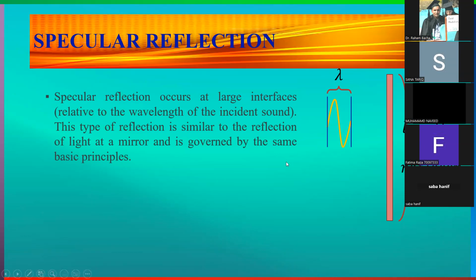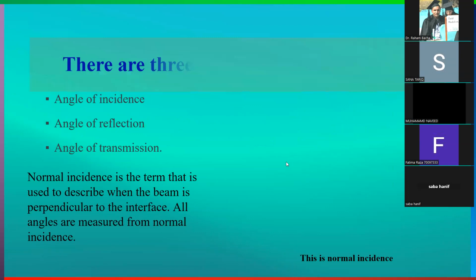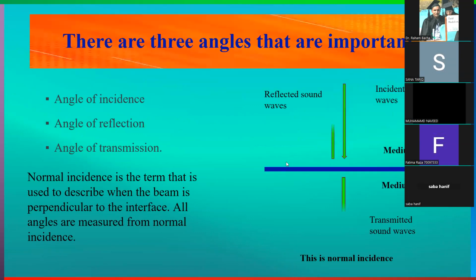And if the sound waves are striking the reflector at normal incidence, for example at 90 degrees, then the sound waves will reflect back at the same degree. Here we will calculate this angle from an imaginary reference line that is perpendicular to our interface.